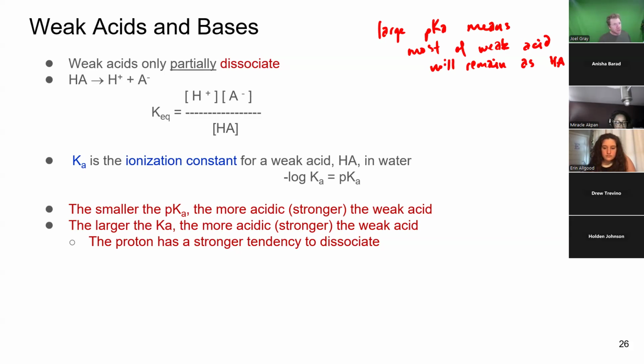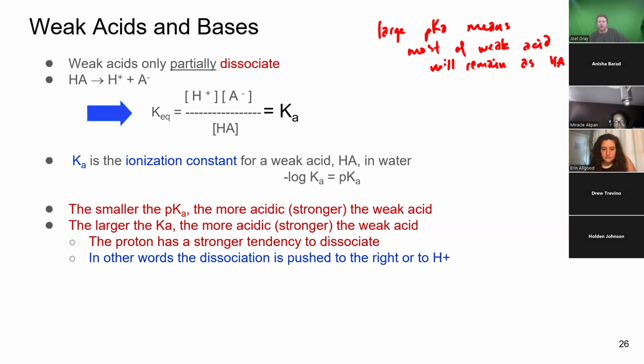Whereas if it's a very small pKa, then it's more likely to dissociate to a greater degree. In other words, the dissociation is pushed to the right, to the hydrogen ion.